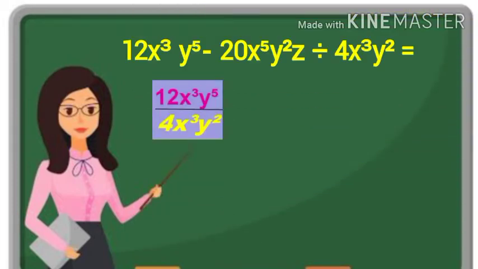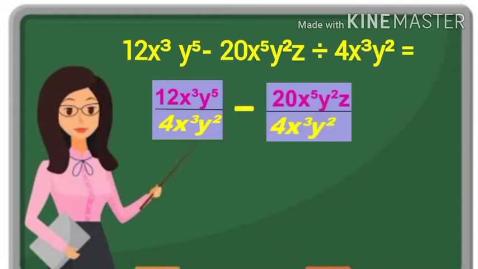Let us divide 12x cubed y to the fifth power by the GCF 4x cubed y squared and negative 20x to the fifth power y squared z by 4x cubed y squared. The result is 3y cubed minus 5x squared z. We already get the quotient and so the other factor of the polynomial.